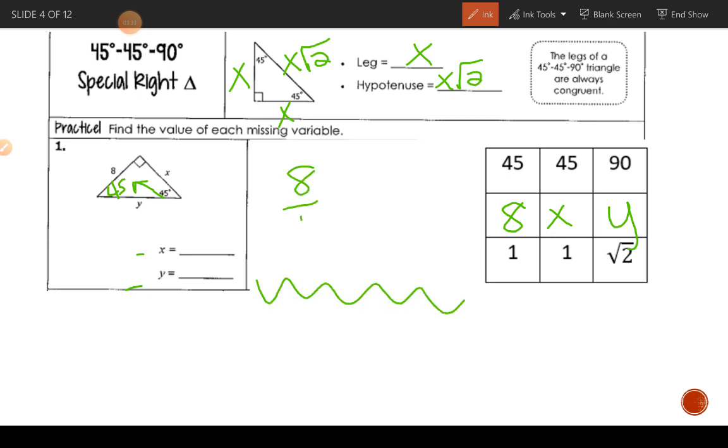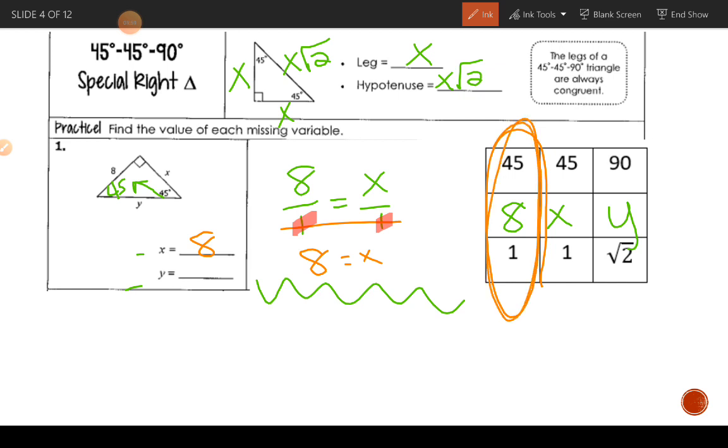So we would have 8 over 1 is equal to x over 1. Well, anything over 1 is kind of irrelevant, okay? We don't really have to write that in, so we can just drop those, and we would have 8 is equal to x. So we know that x is going to be equal to 8, okay? And then for our y, we're going to use the proportion that we already know, okay? Because we don't want to mess anything up.